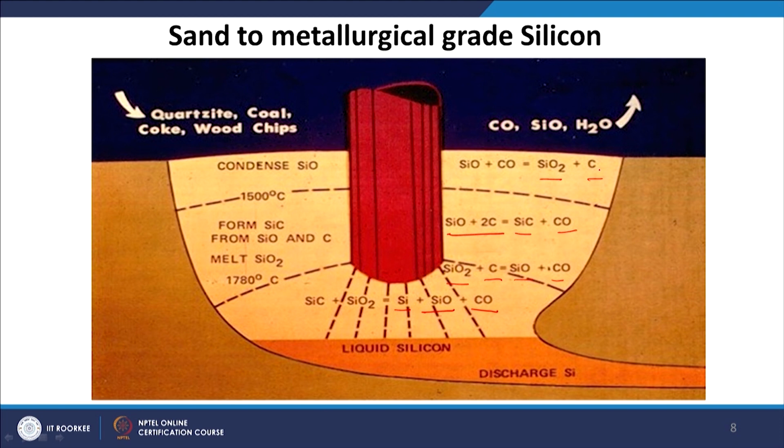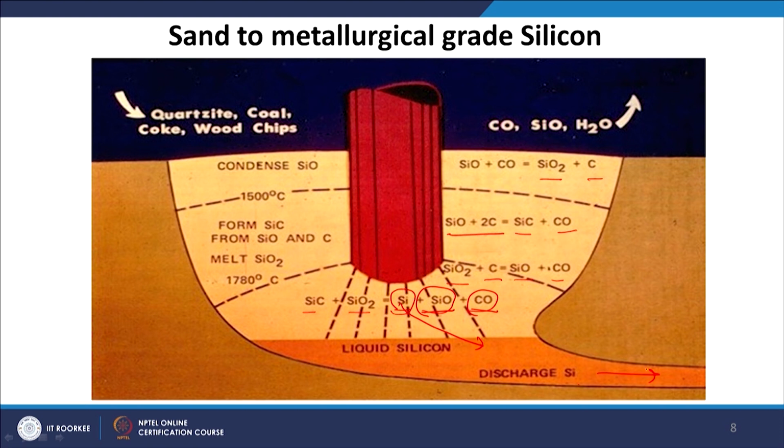Now, this silicon dioxide gets reduced by the carbon and we get a liquid silicon, and that liquid silicon gets discharged through here. The silicon dioxide and silicon carbide react to make silicon, silicon monoxide and carbon monoxide. The silicon forms a liquid silicon, and that comes from the bottom of this chamber, and the discharge is collected from here.